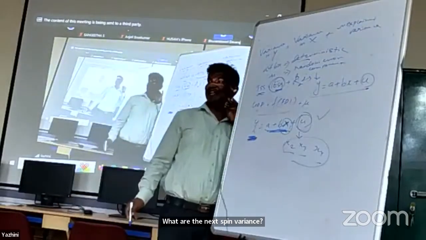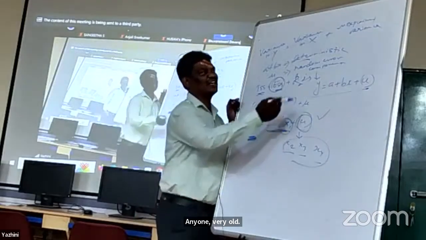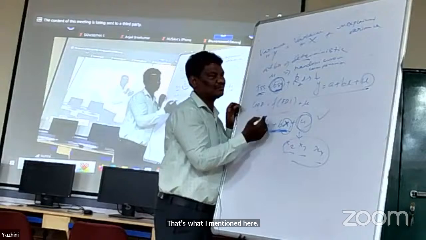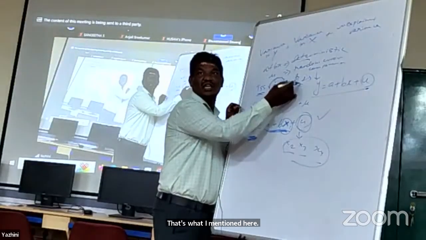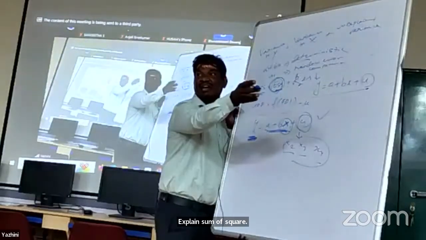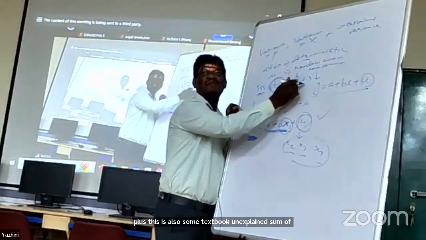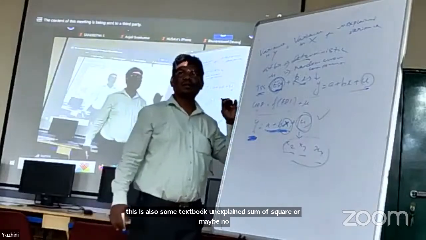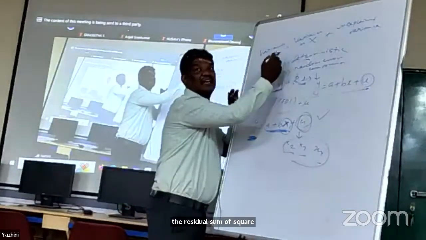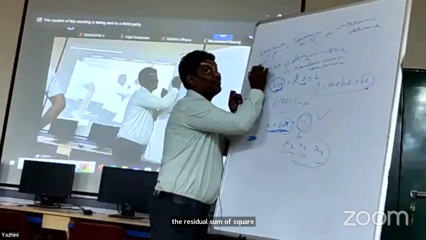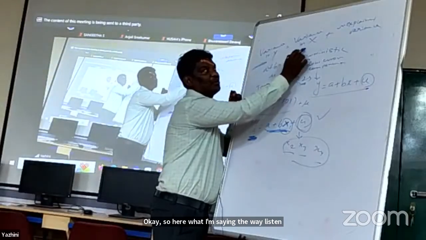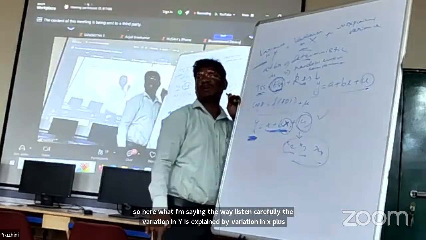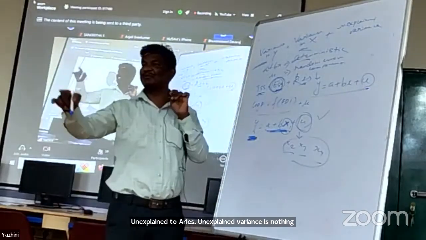The variance from the error. That's what I mentioned here. In some textbooks it is the unexplained sum of square, or maybe the residual sum of square. Okay, so listen carefully. The variation in Y is explained by variation in X plus unexplained variance. Unexplained variance is nothing but what arises from the U.